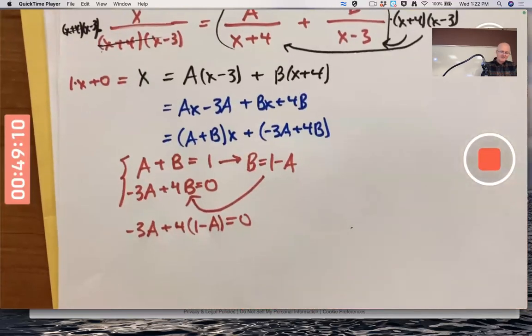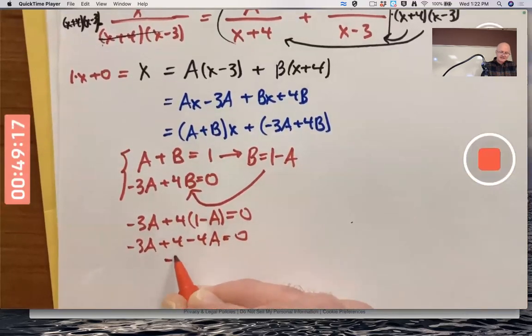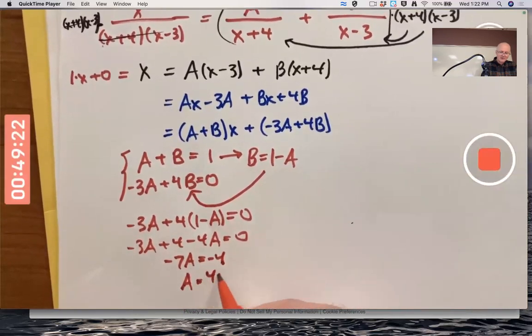Solve for a: negative 3a plus 4 minus 4a equals 0. So negative 7a equals negative 4, and a is positive 4/7.